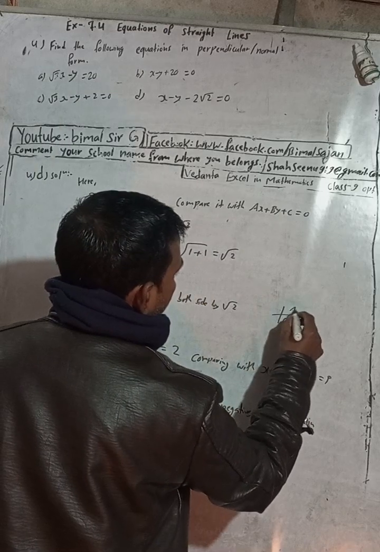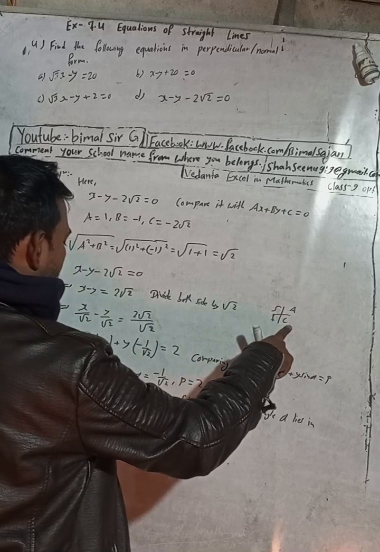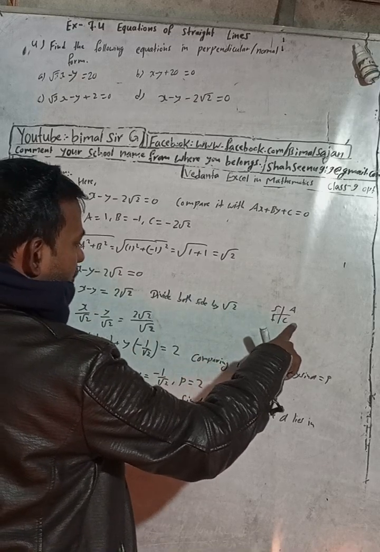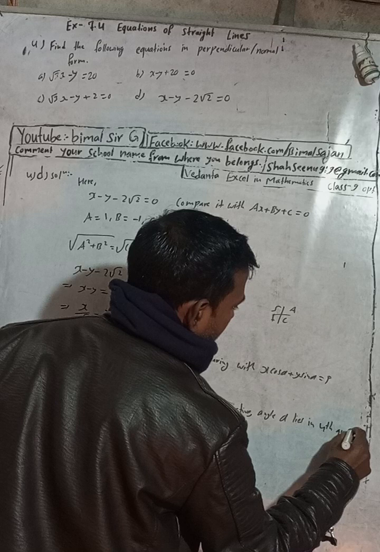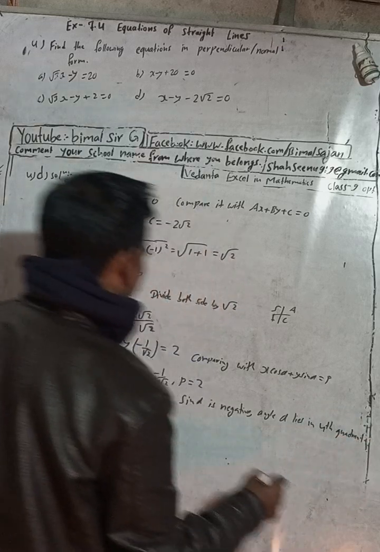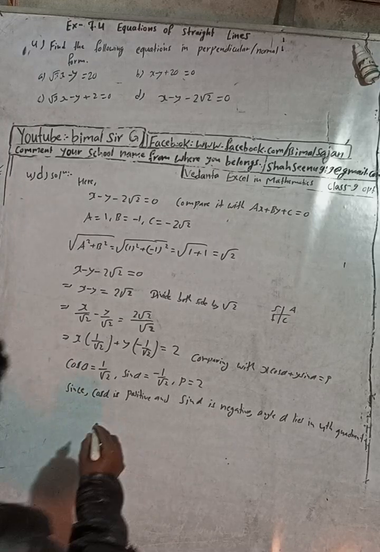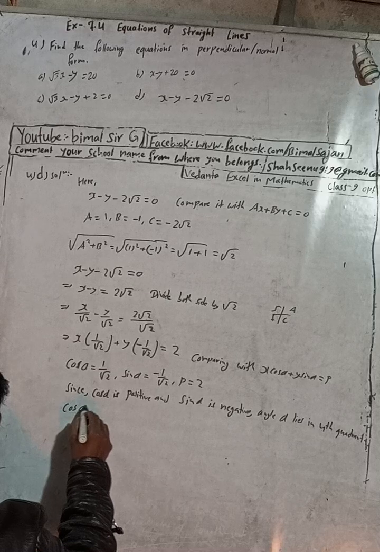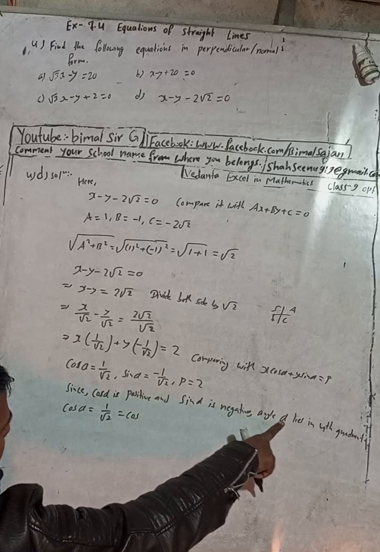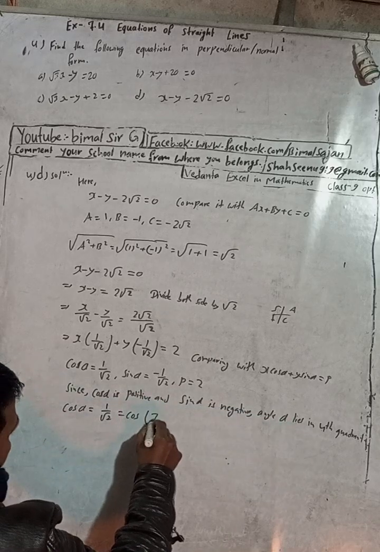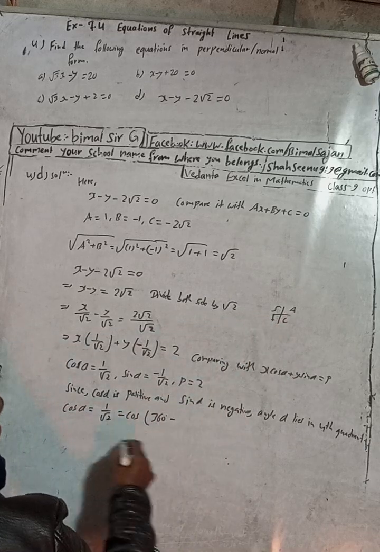CAST rules tell that cos alpha is positive and sin alpha is negative in the fourth quadrant. So alpha lies in the fourth quadrant. Now cos alpha is equal to 1 by root 2. Since alpha lies in the fourth quadrant, write cos of 360 degree minus, and 1 by root 2 is the value of 45 degree.